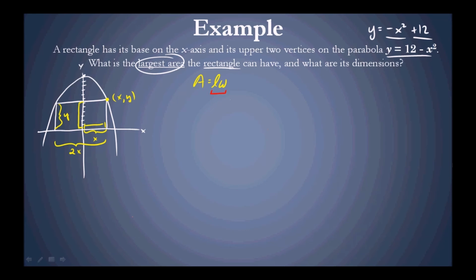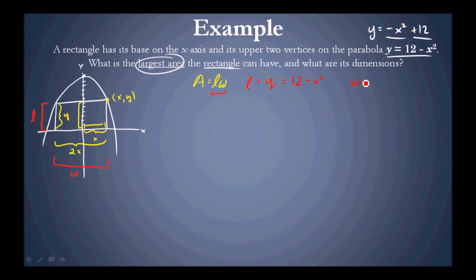Again, we can't leave area a function of two different variables, length and width. We can't do anything with two different variables. So we will generalize the width as the width, and we'll call the length what is the height of the rectangle. So length is equal to y, and we know that y is equal to 12 minus x squared.